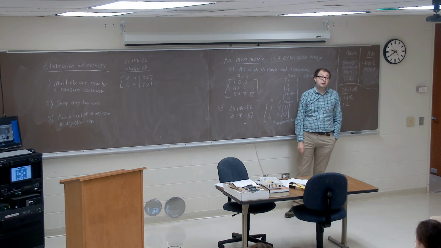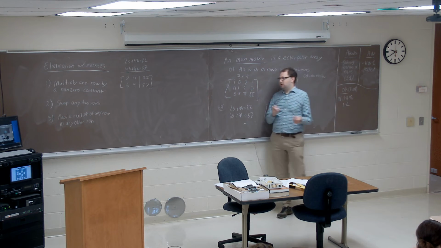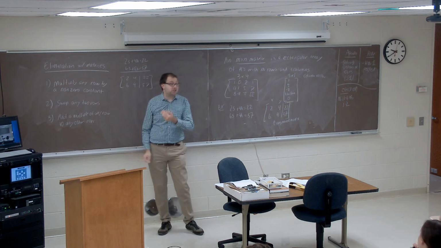And we really are going to be doing essentially the same steps we did before when we did elimination on the equations. We're just doing the corresponding row operations instead.